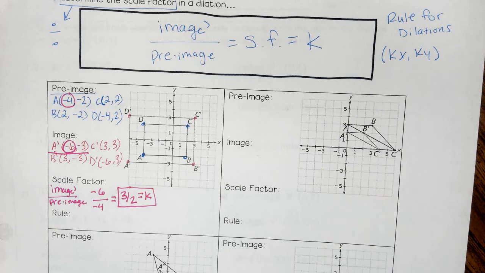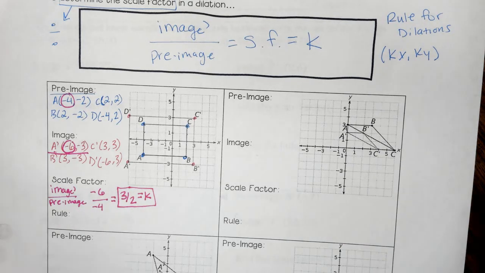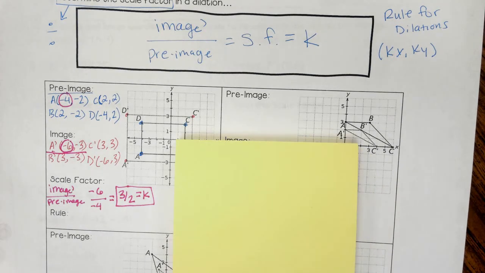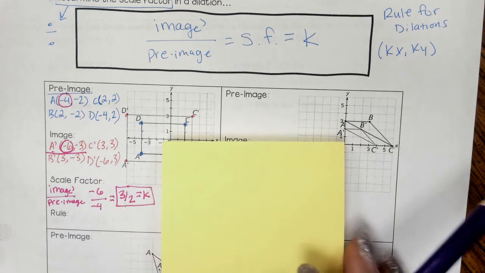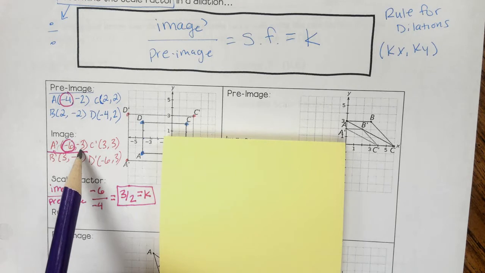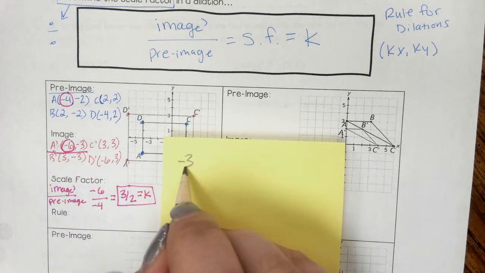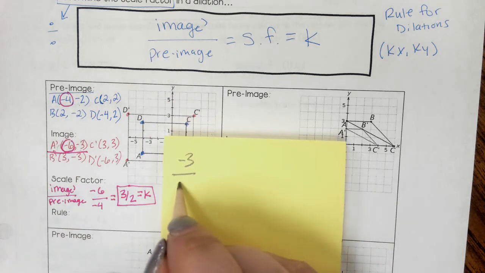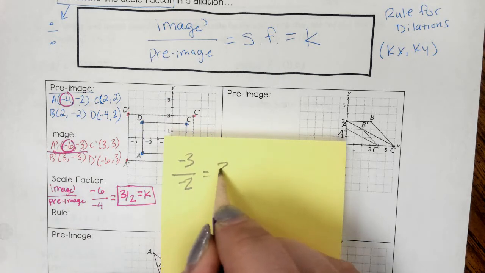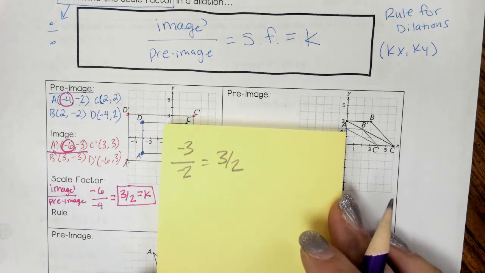You can pick any of those ordered pairs. What you'll find is that they all reduce to 3/2. So if we had picked A prime's y value, -3, then the preimage point is -2, which reduces to a positive 3/2.